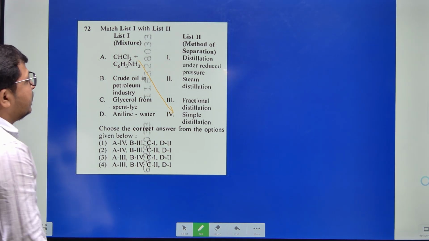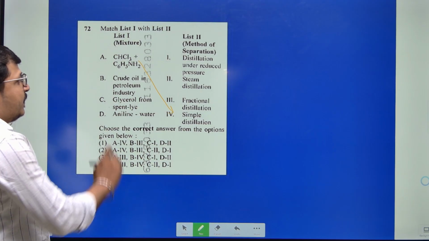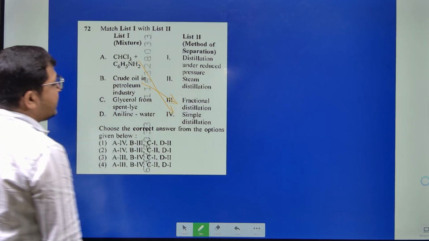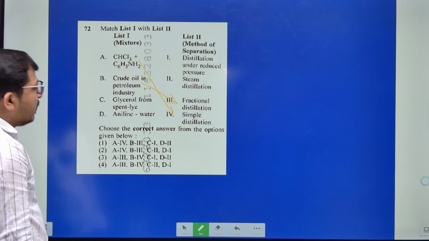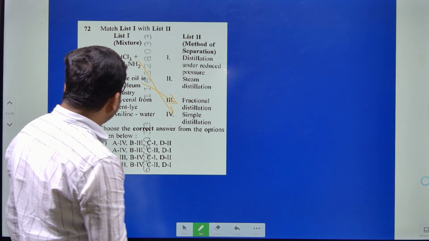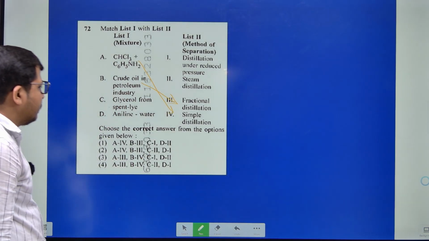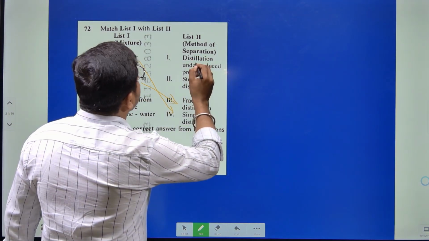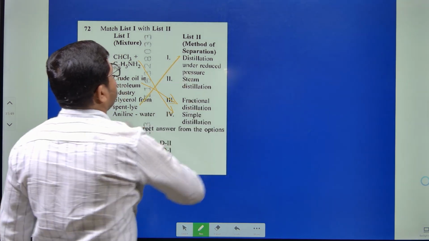Next, the crude oil in the petroleum industry is separated with the help of fractional distillation. Then the glycerol from the spent lye is separated by distillation under reduced pressure.